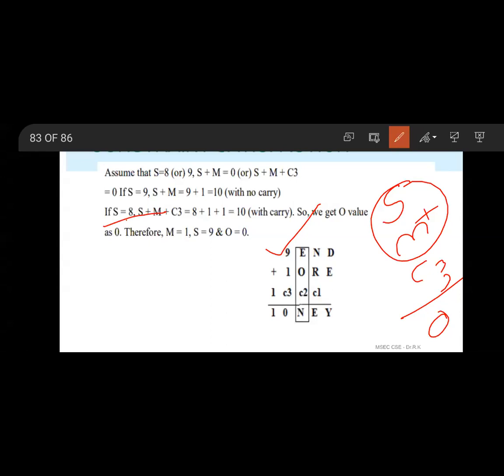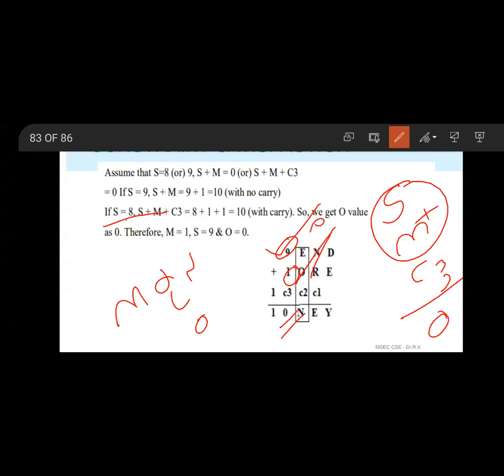So we get O value as 0. Then M equal to 1, S equal to 9, and O equal to 0. MONEY, O equal to 0.